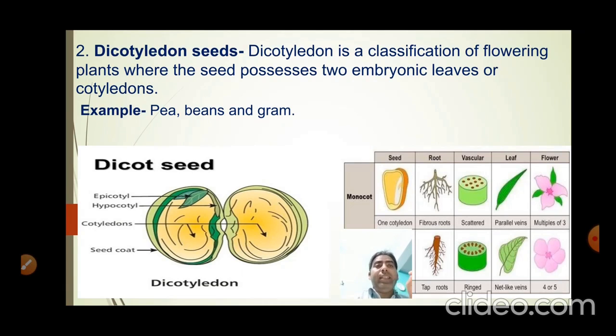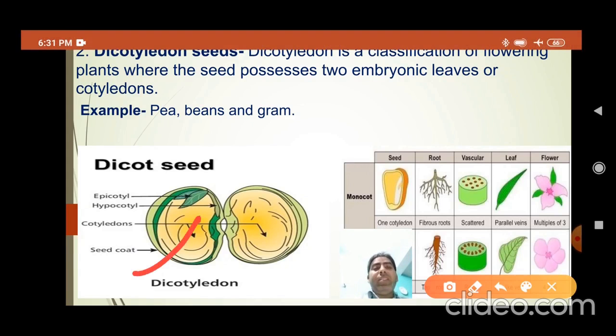A dicotyledon seed is a classification of flowering plants where the seed possesses two embryonic leaves or cotyledons. Here you can see this is one cotyledon, this is the other cotyledon. It means dicotyledons, two cotyledons, and it is found in pea seed, beans and grams.